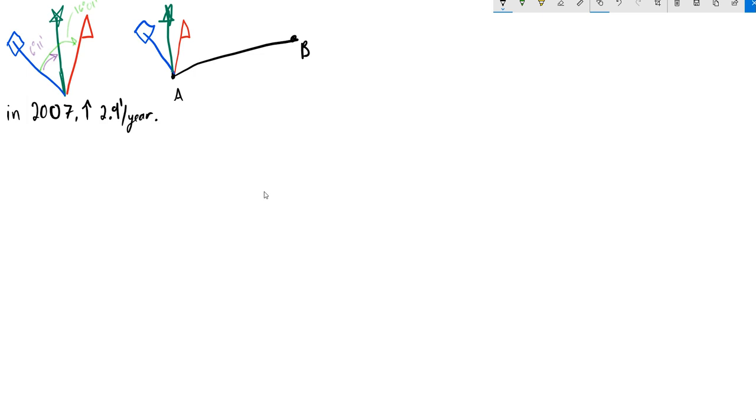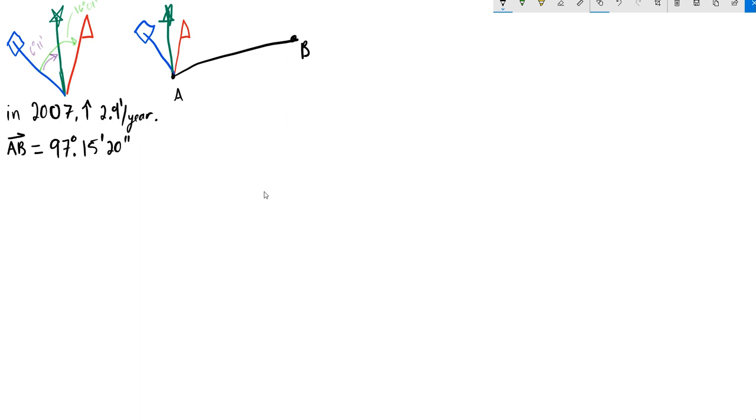Okay. So the AB for the grid north, that angle is going to be 97 degrees, 15 minutes, and 20 seconds. Okay, so that's my angle.